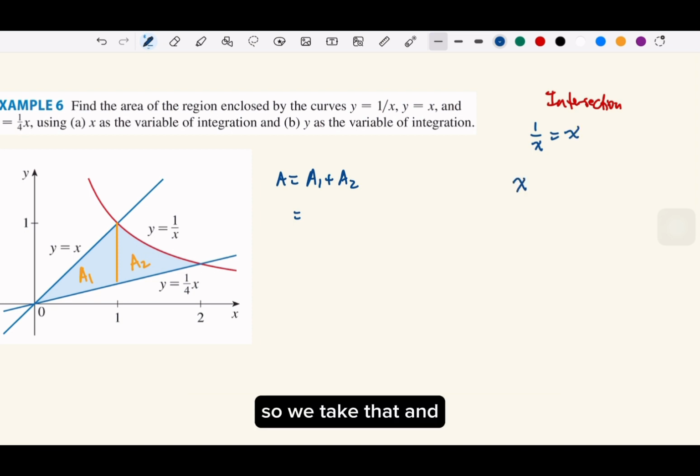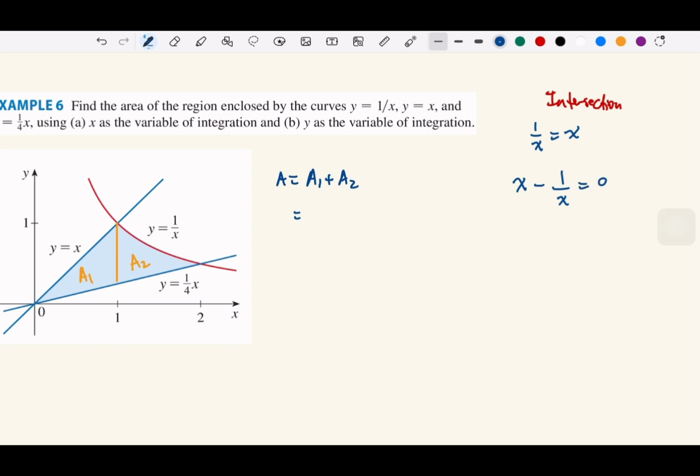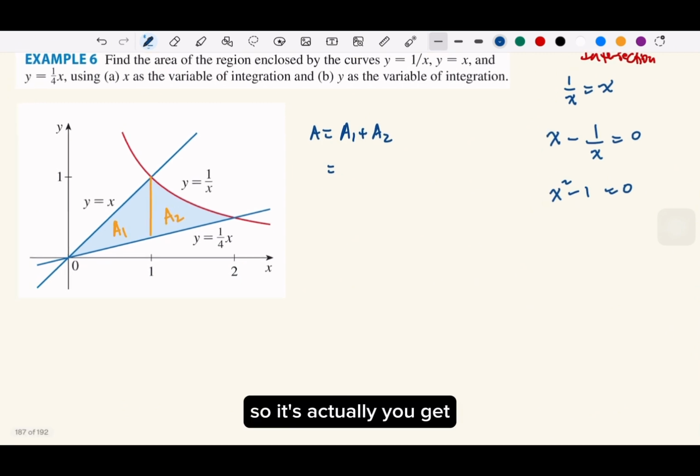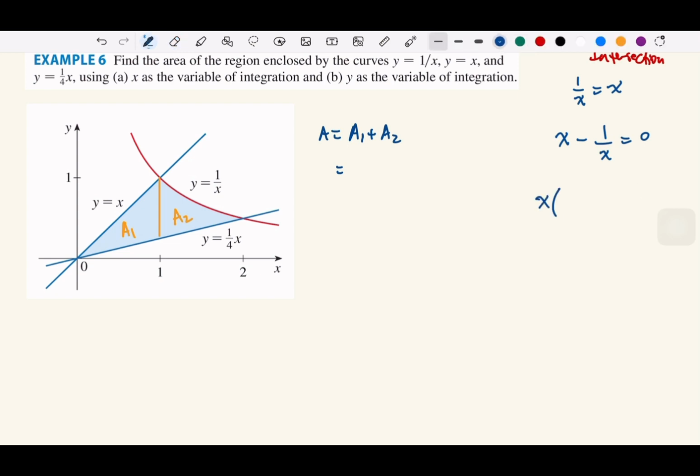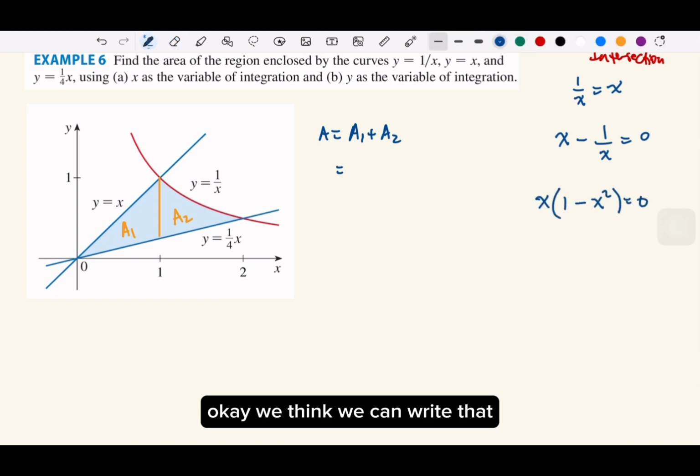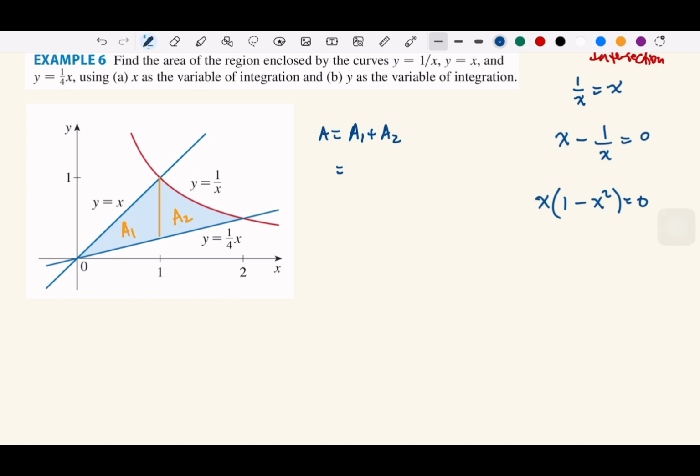So we take that and solve. So x is 0 and x is plus minus 1.